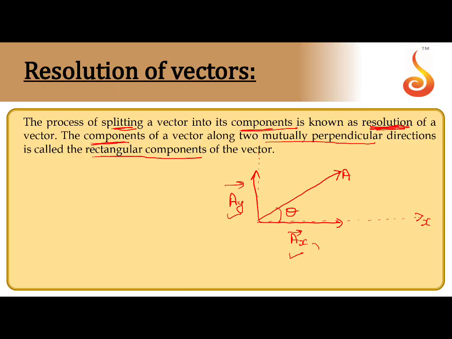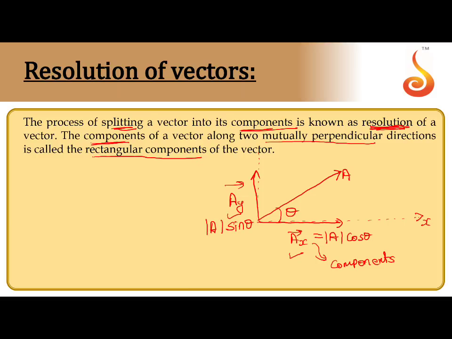These two are called components of the vector A. So the component adjacent to theta will be mod of A into cos theta. How do you get it? There is a derivation. When you come to the regular PU class, you will be studying that. AY is equal to mod of A into sine theta.